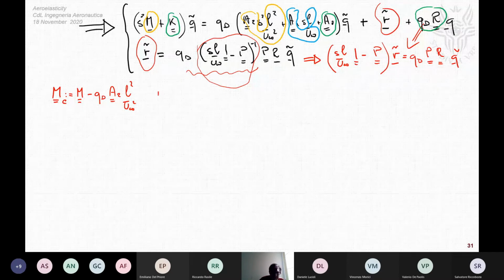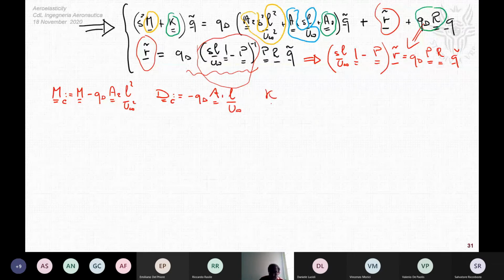We have a damping matrix D sub C, which is equal by definition to minus Q D A1 L divided by U infinite.